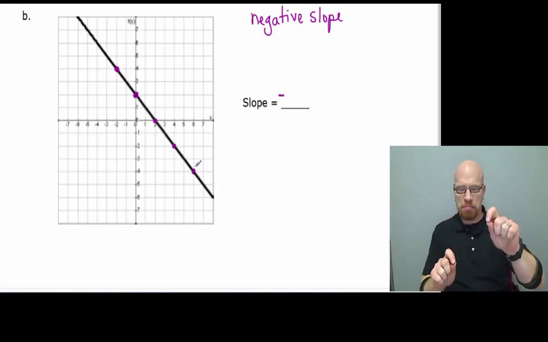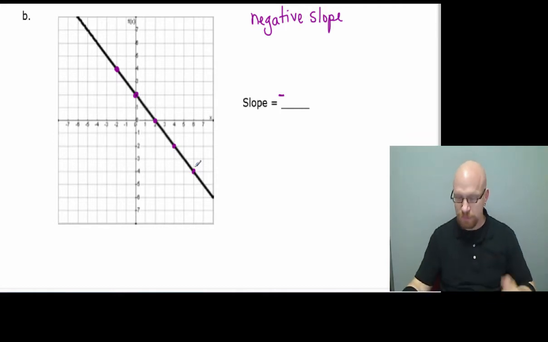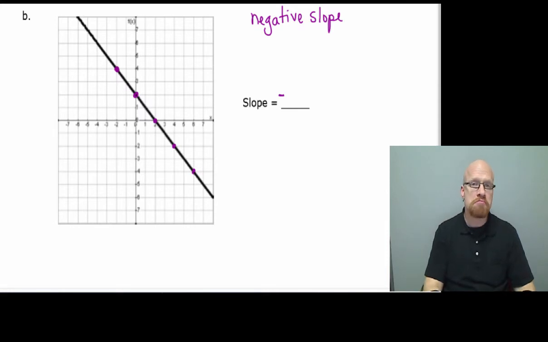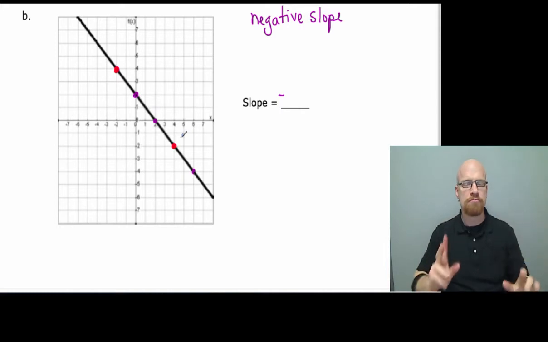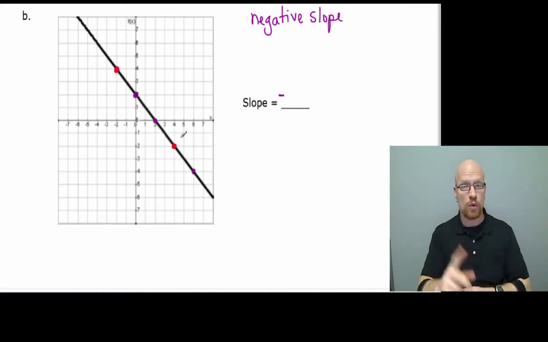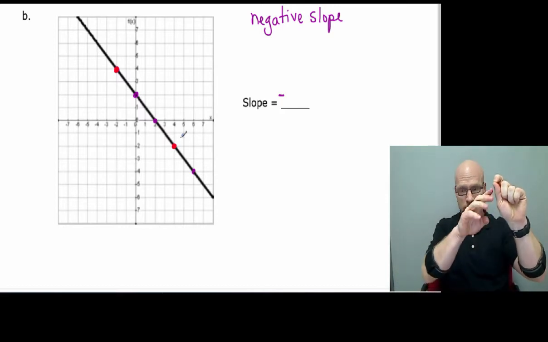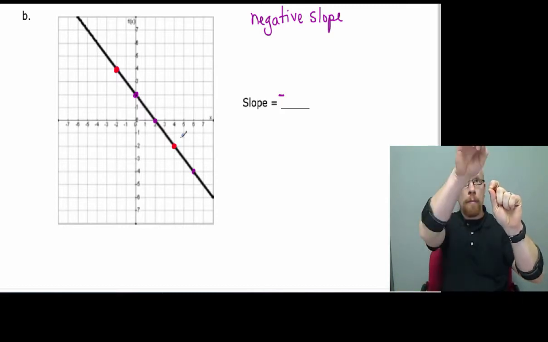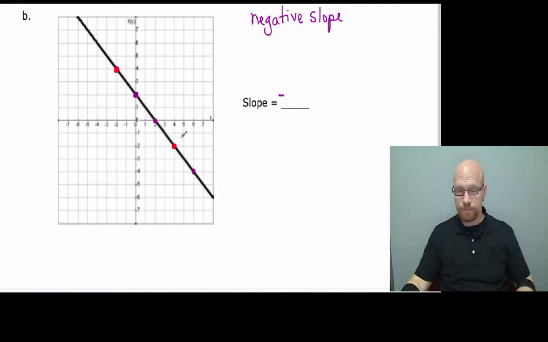Now pick 2 of these points and calculate the slope. I'm going to use 2 red points I've drawn here, and we'll see what the slope is. Now, one thing to talk about here is a negative slope. From the first point on the left, I'm not going to go up. I'm going to go down in an effort to meet my line again.